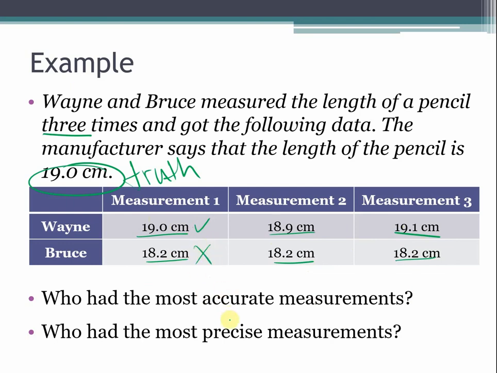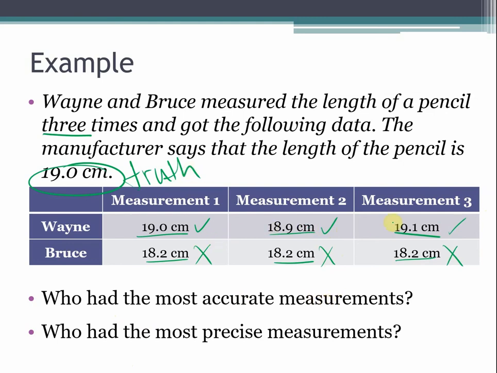Bruce, not that close. Looking at measurement 2, Wayne was not quite on the accepted value, but very, very close. Bruce, not so much. And in measurement 3, Wayne overshot the accepted value just a little bit, but again, compared to Bruce, very close.